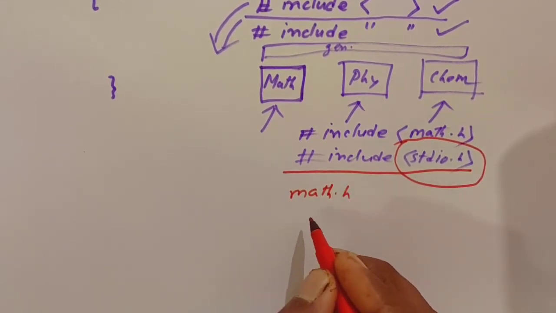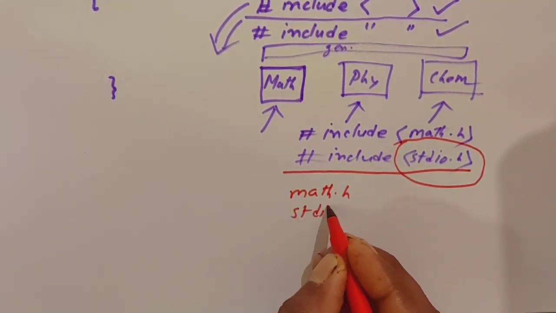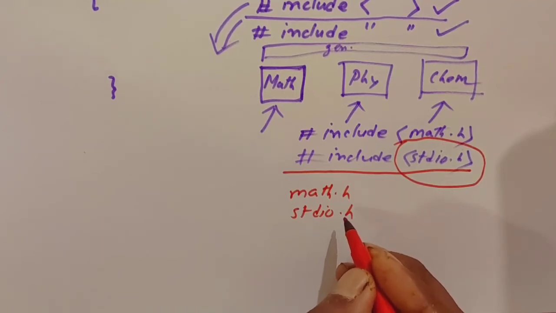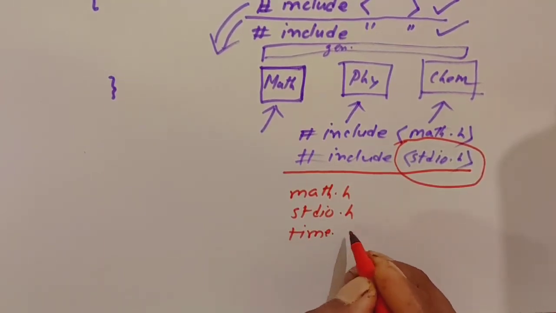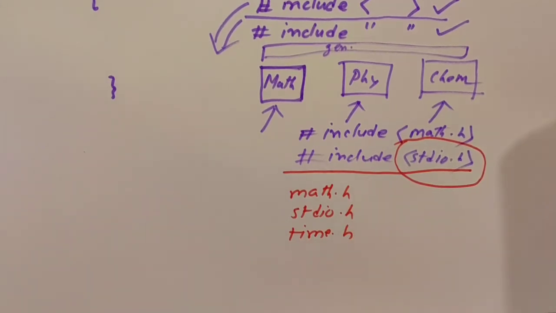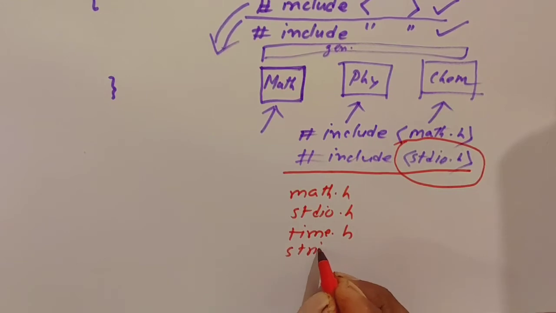So different libraries like math.h, stdio.h, time.h, string.h. These types of libraries will be there.